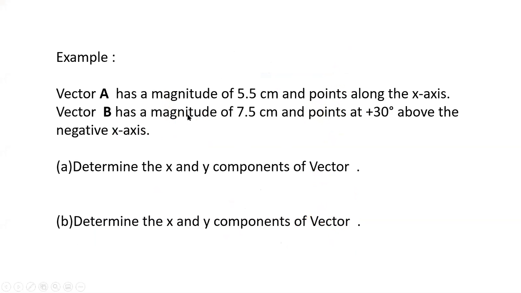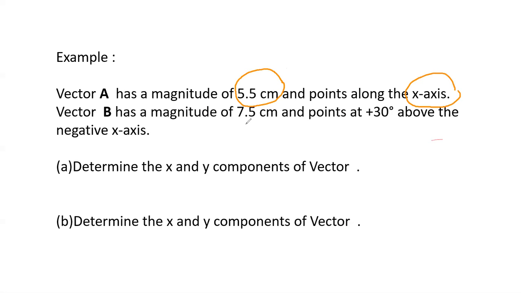Okay, another example: a vector has a magnitude and is pointing along the x-axis. Let's try to draw this. Vector A has a magnitude of 5.5 and is pointing along the x-axis.